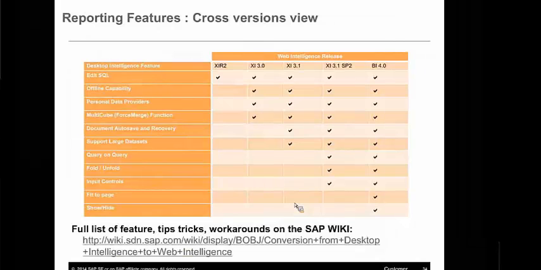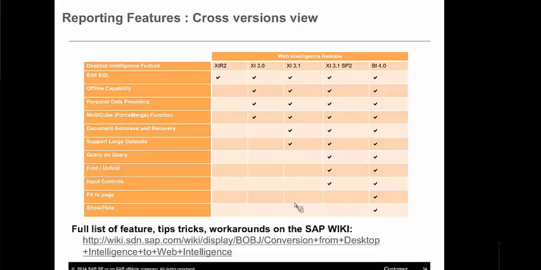So if we look into versions of Web Intelligence and functionalities, on the left side we have pure typical Desktop Intelligence functionalities that were available and often used. And if we look into XI 3.1 or even SP2 of XI 3.1 and then BI 4.1, the list of functions available in Desktop Intelligence is getting closer and closer and closer.